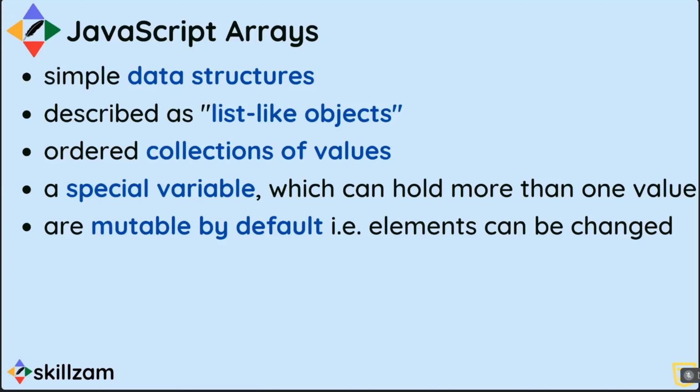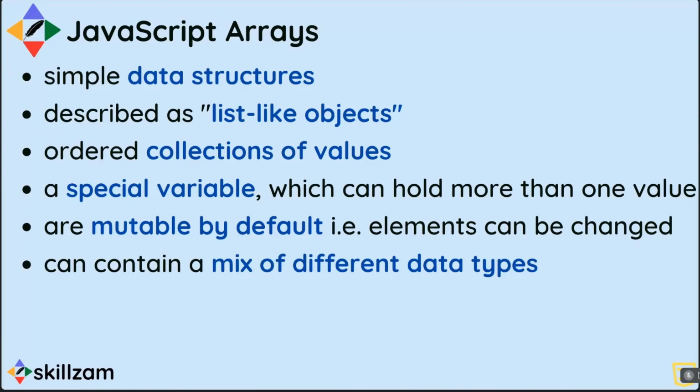If you have to change them, you just have to reassign another value. That is what the 7 primitive data types are. They are immutable. But arrays are simple data structures which are mutable by default. Let's see how they are mutable.